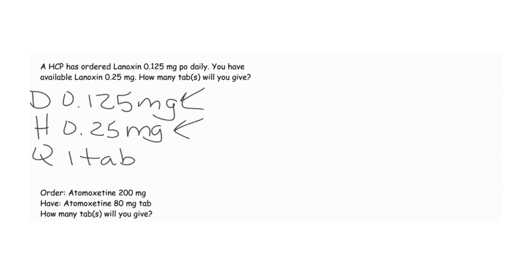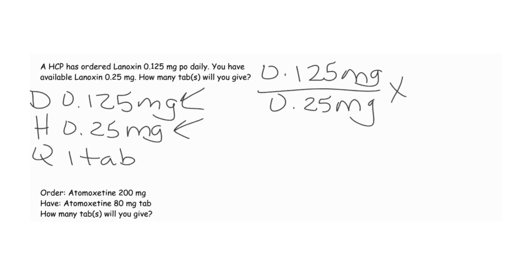So our D is 0.125 milligram over H. What do we have? 0.25 milligram times 1 tab. If we divide 0.125 by 0.25, we get 0.5.